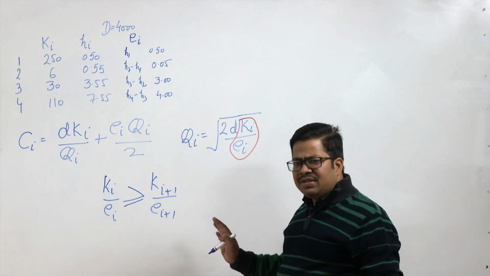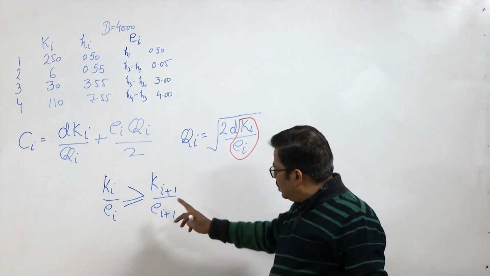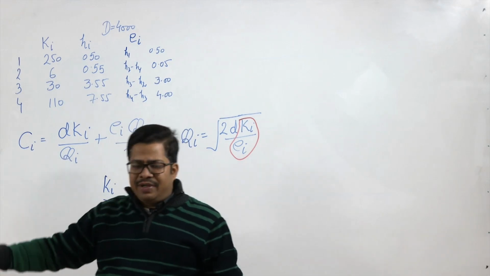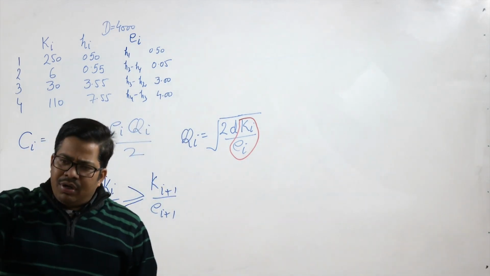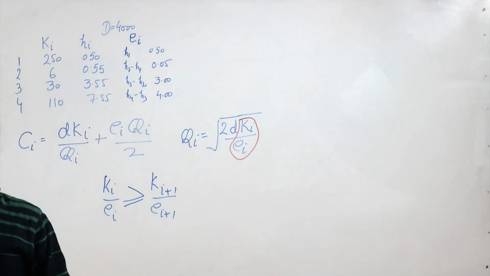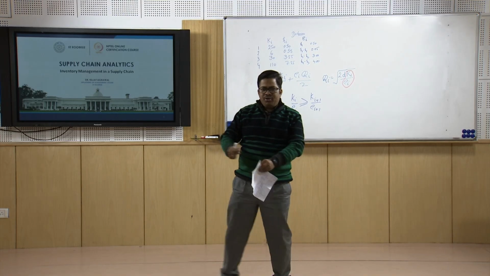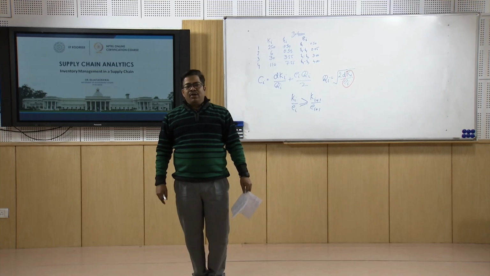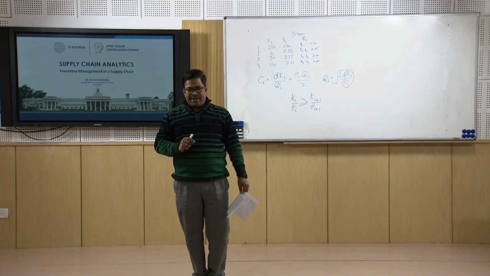That is also possible in some cases, that whatever Q is coming at stage 3, the same you are transferring to stage 4. Can you recall any supply chain situation where whatever you are receiving, the same you are transferring to the next stage? We can think of a situation like cross docking.